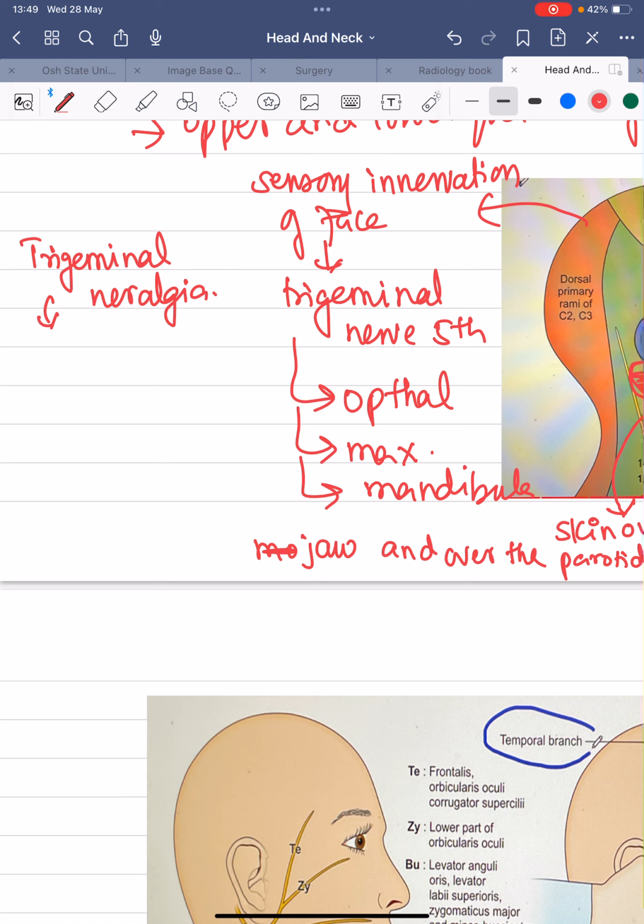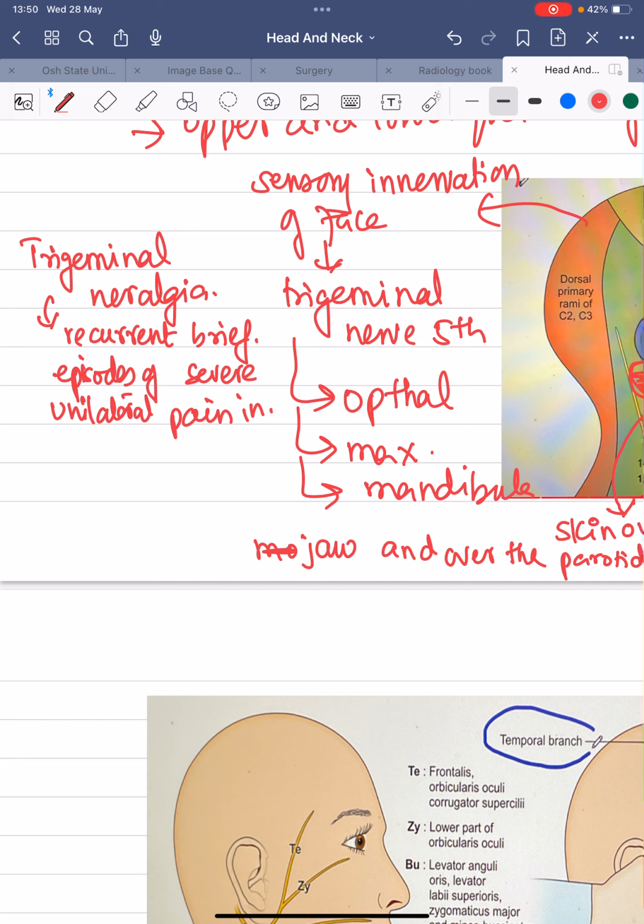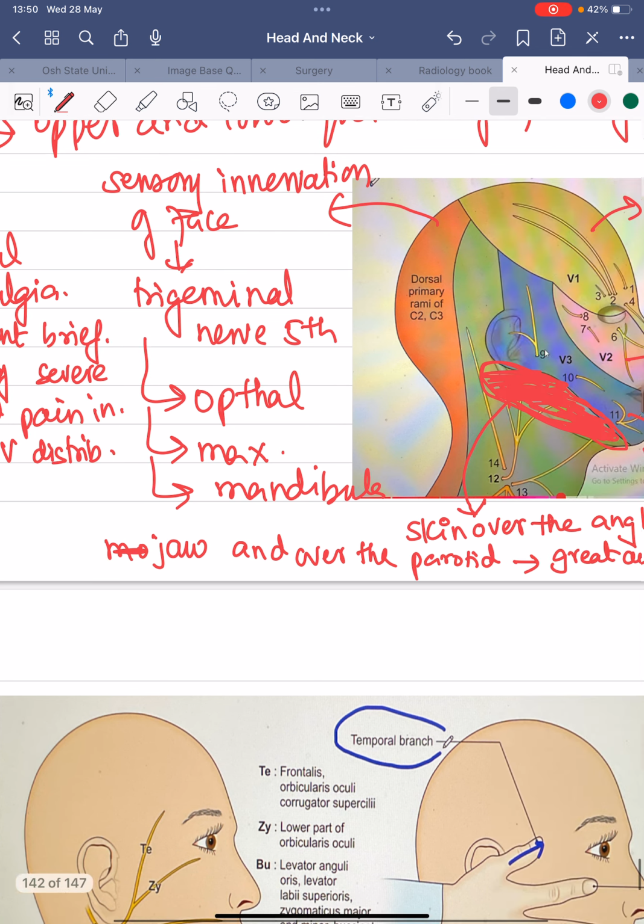Please remember, it is recurrent, brief episodes of severe unilateral pain in the cranial nerve 5 distribution.